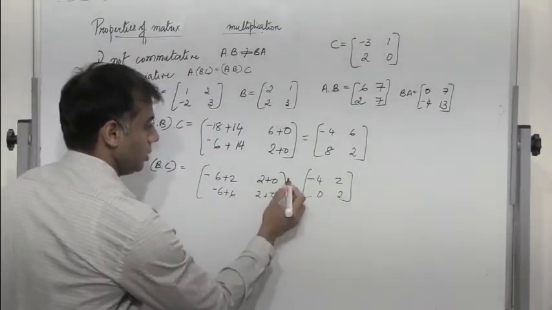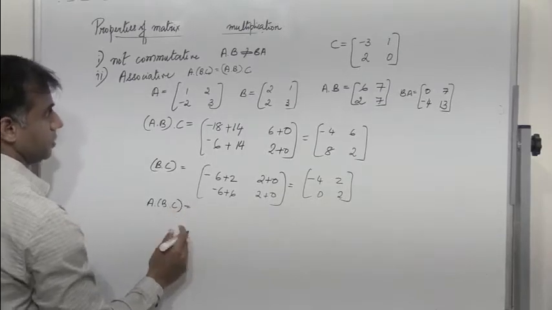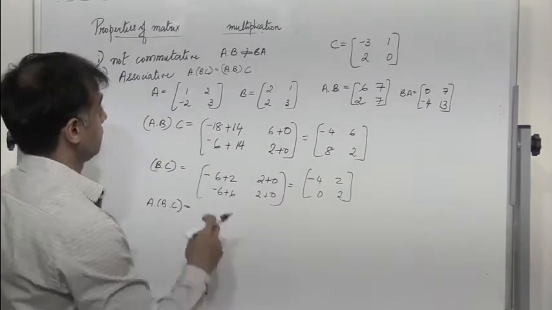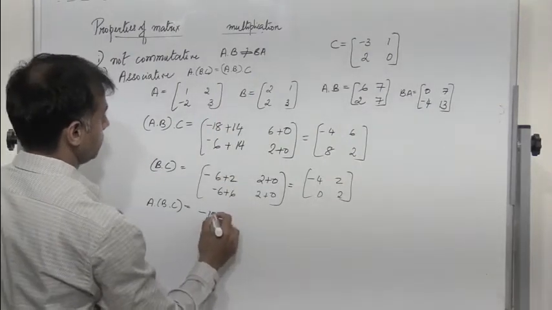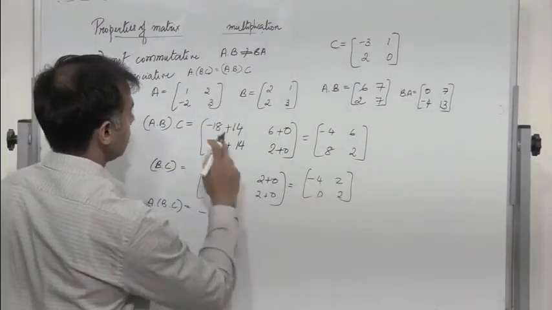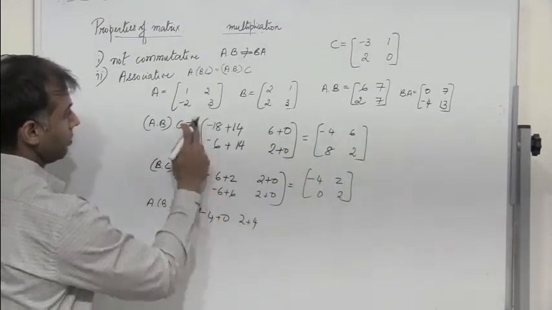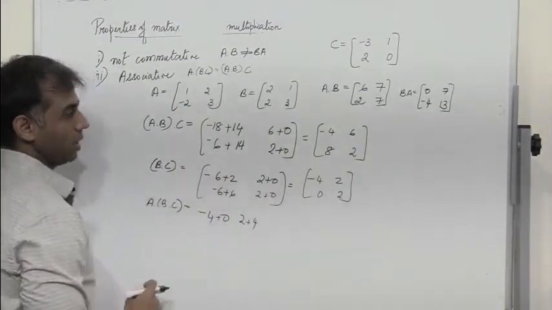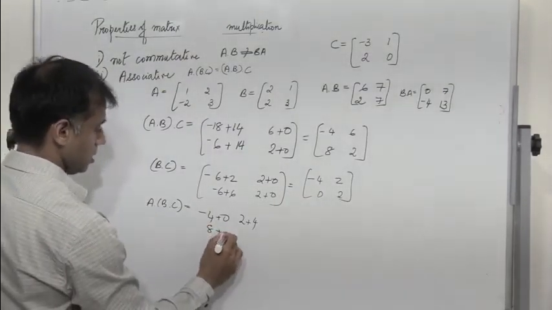Okay? So now let me multiply A into (B into C). That means I need to multiply these two matrices. So 1 into minus 4 plus 2 into 0. Next, first row into second column, 1 into 2 plus 2 into 2. Next I have minus 2 into minus 4. Second row into first column, that is 8 plus 0.